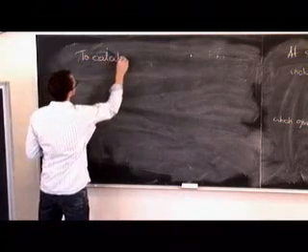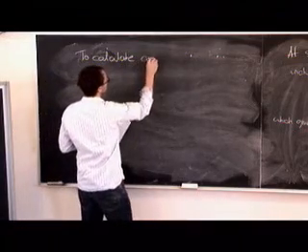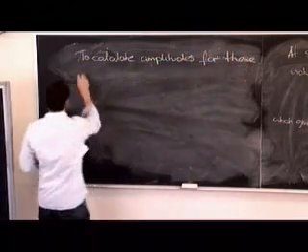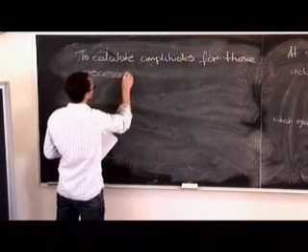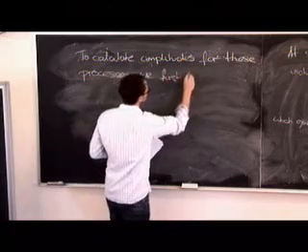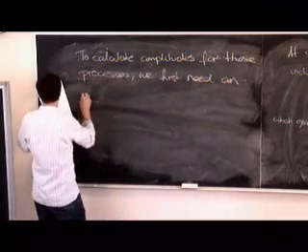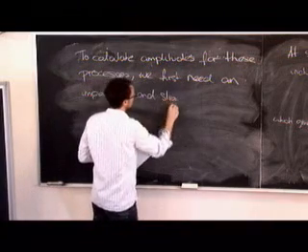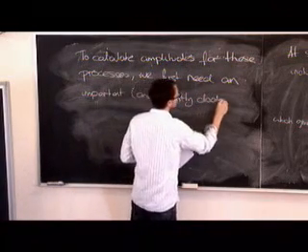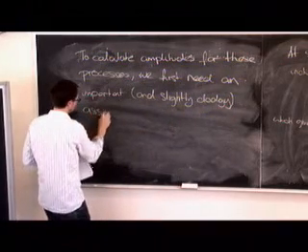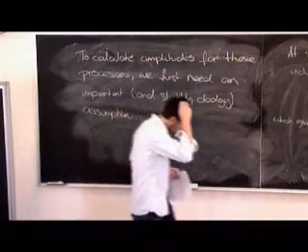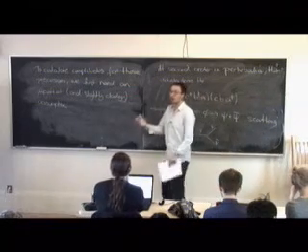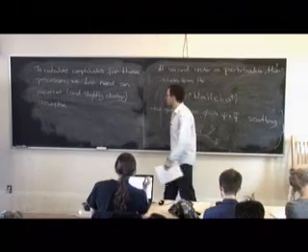So to calculate amplitudes for these processes, to make progress and actually figure out what the half-life of a meson is before it decays into two nucleons, we're going to have to make an assumption.